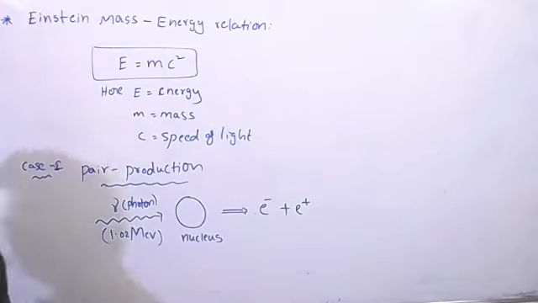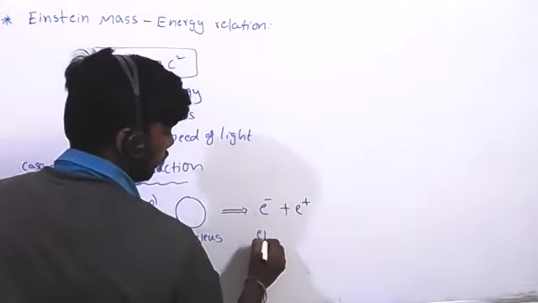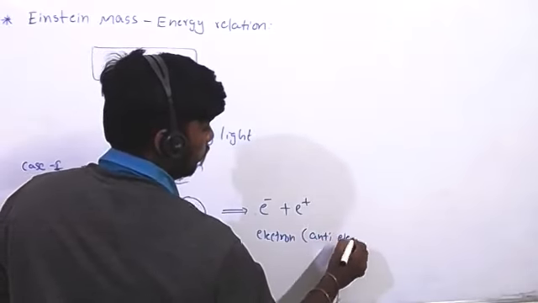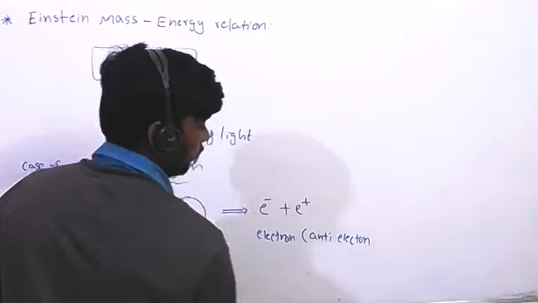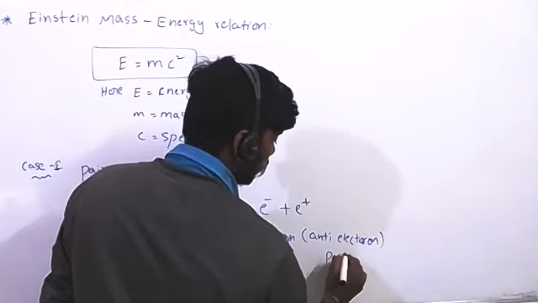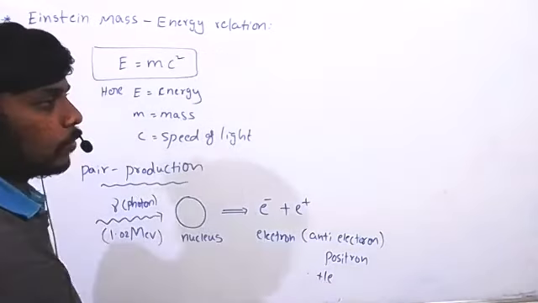Positron is also called an anti-electron. So one is an electron, one is an anti-electron. An anti-electron is nothing but a positron. It has a charge of plus 1e.